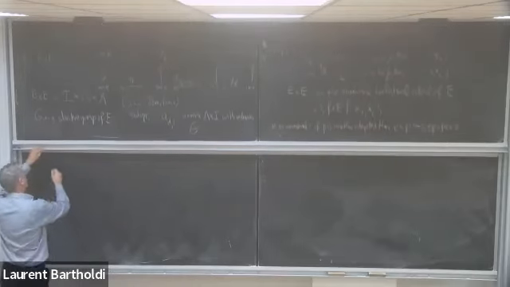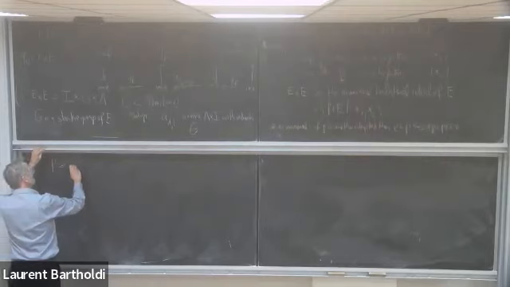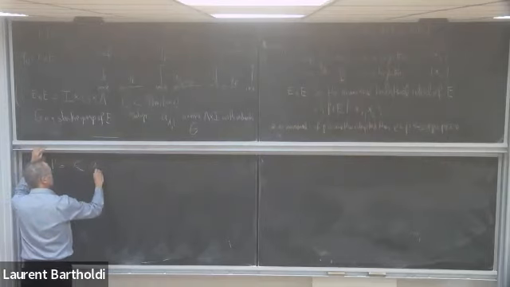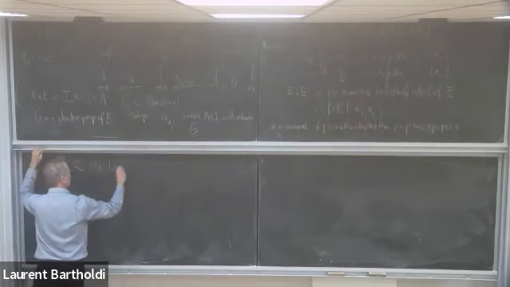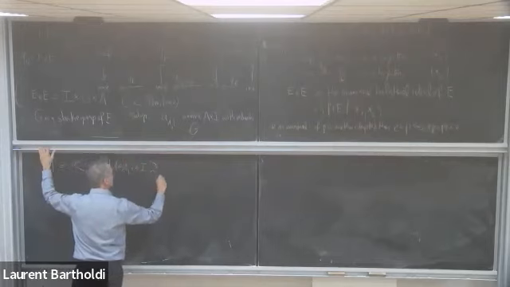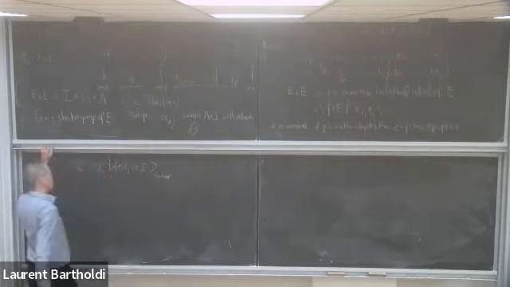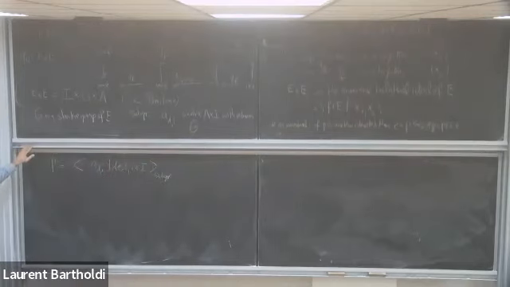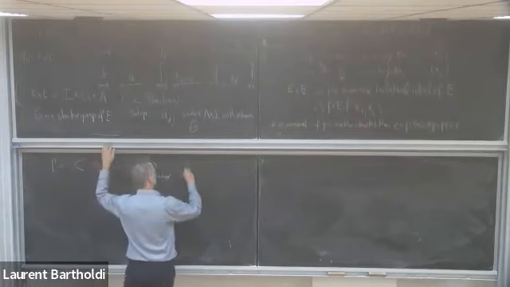So I'm going to say gamma is going to be the subgroup generated by the matrix elements. That's going to be called the little structure group.